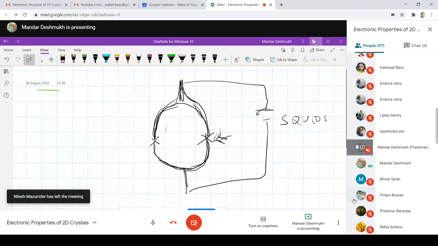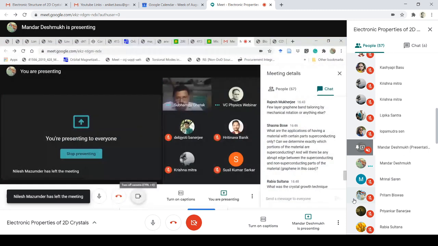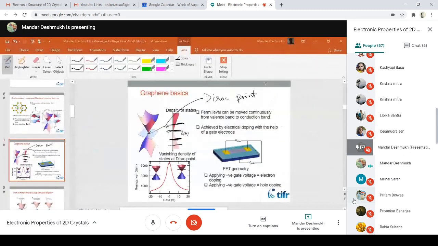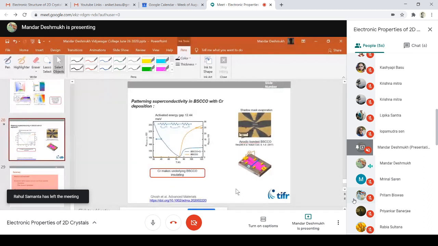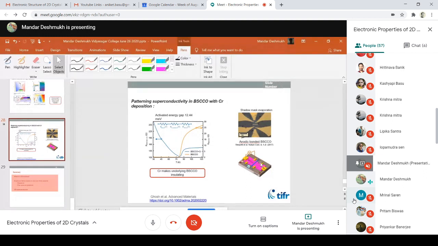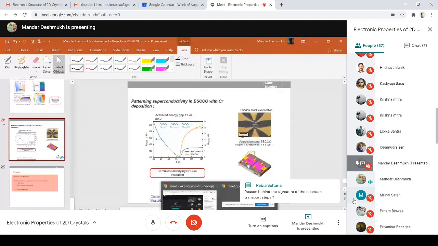And in our case, we know precisely where it superconducts and where it doesn't superconduct. In the last example, I'm guessing you were alluding to this, underneath chromium, it doesn't superconduct, but everywhere else, it superconducts nicely. So we can actually make some complex geometries using the metal that is deposited on top to realize devices.